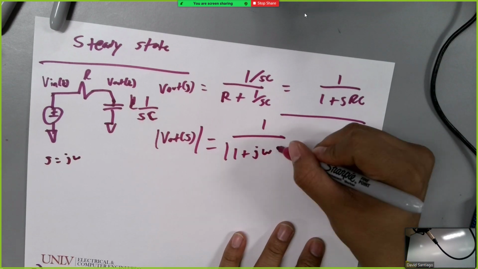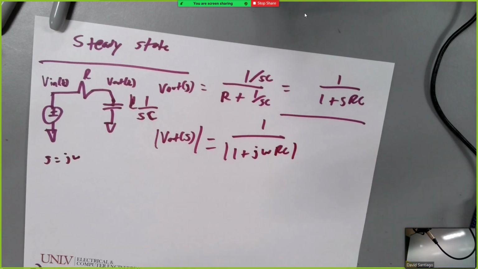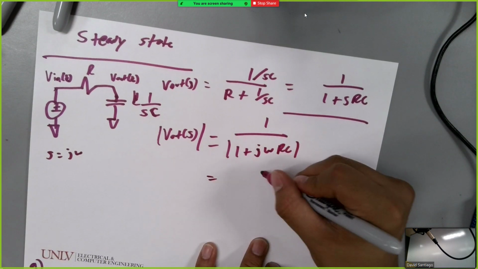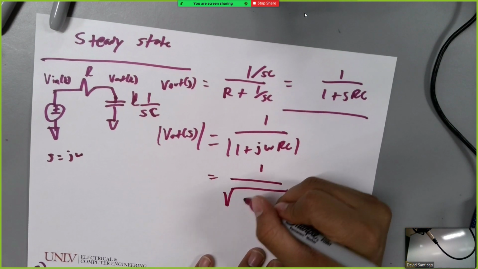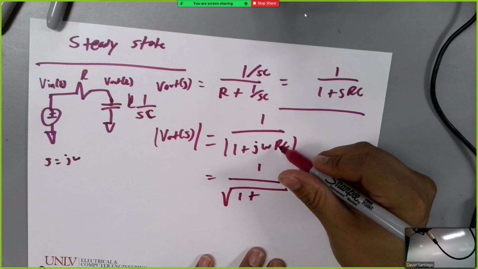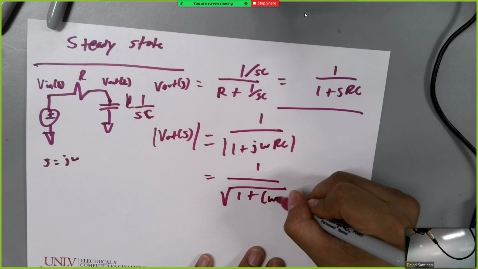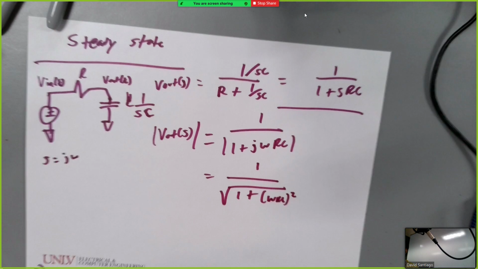So j omega RC. Remember that? The magnitude is 1 over the square root of 1 plus omega RC squared. Easy? That's the magnitude response.